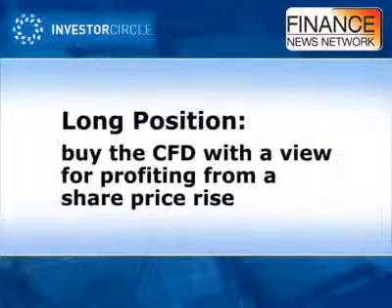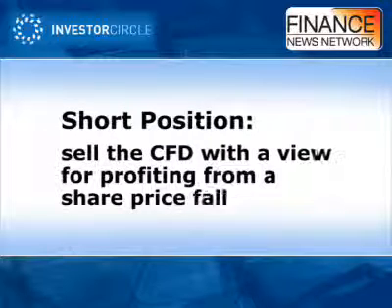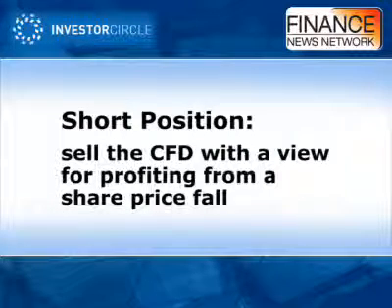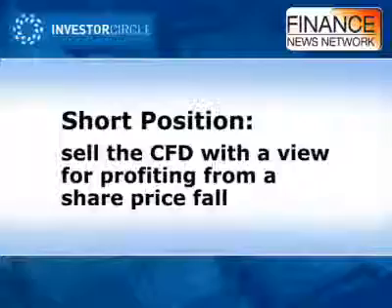For example, a CFD on BHP is derived from BHP shares and rises and falls in price by the same amount as the underlying BHP shares. For a fraction of the underlying share price, an investor can take a long position. They buy the CFD with a view to profiting from a share price rise, or they can take a short position where they sell the CFD with a view to profiting from a share price fall.